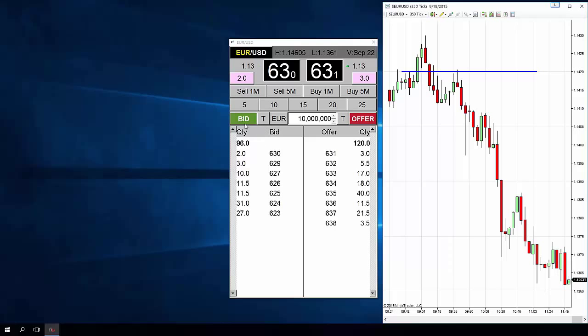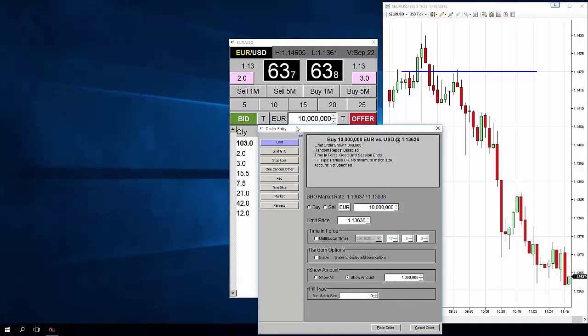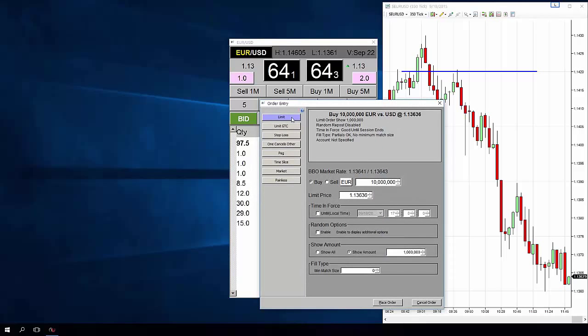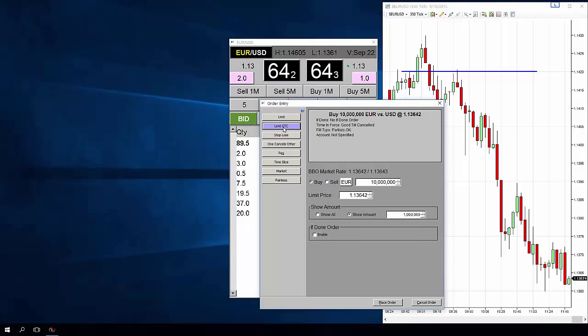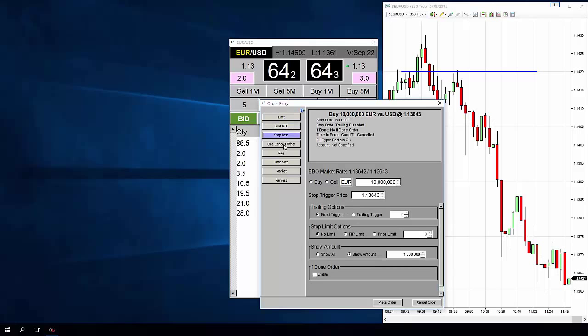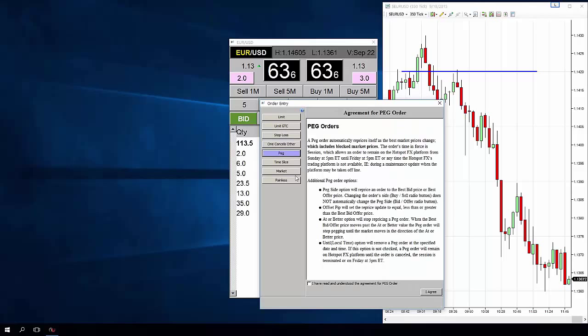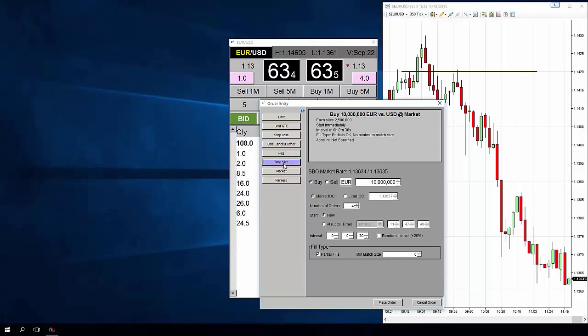There are different types of orders that you can place. You can do limit, buy and sell, limit good till close, stop loss. You can peg it. You can time slice it.